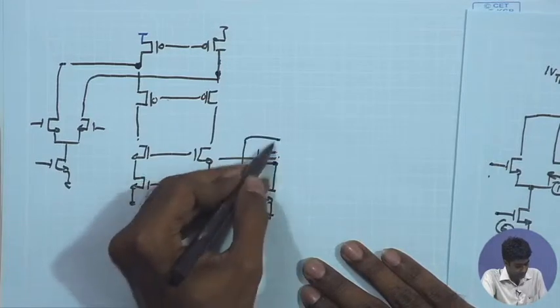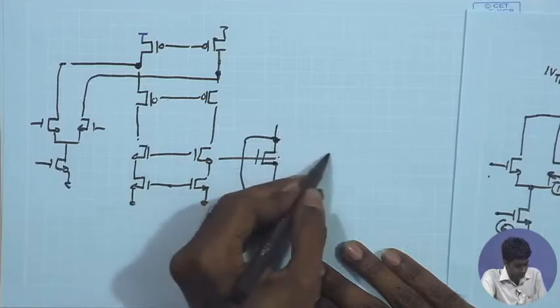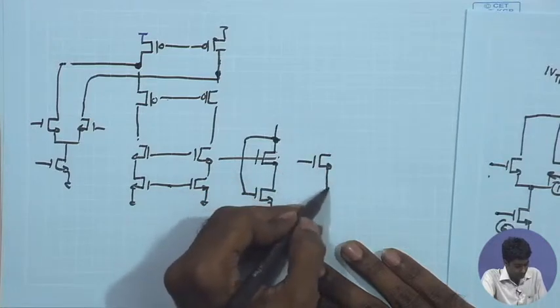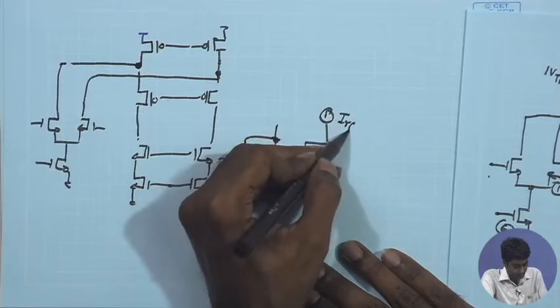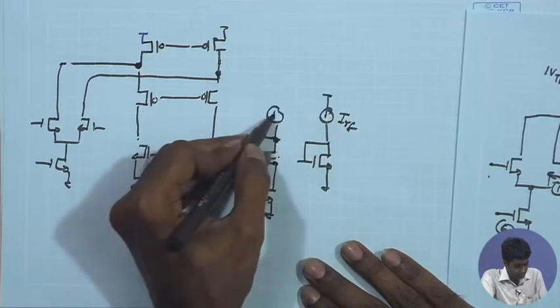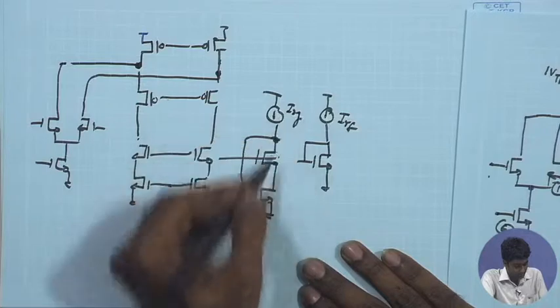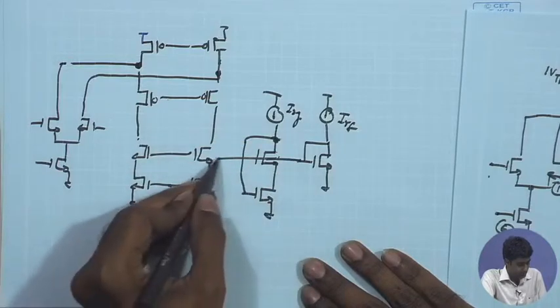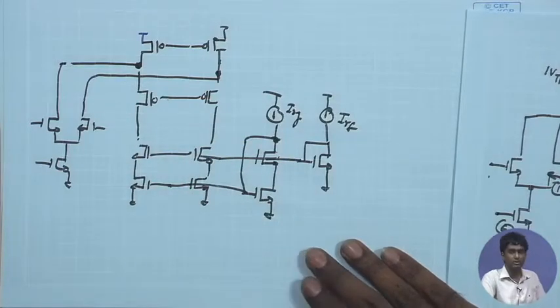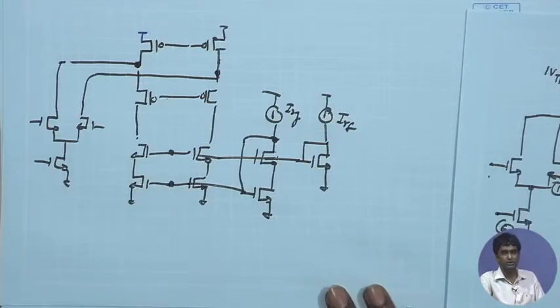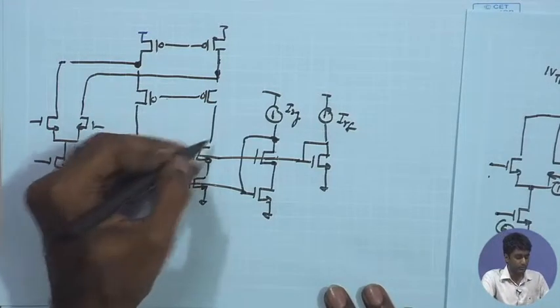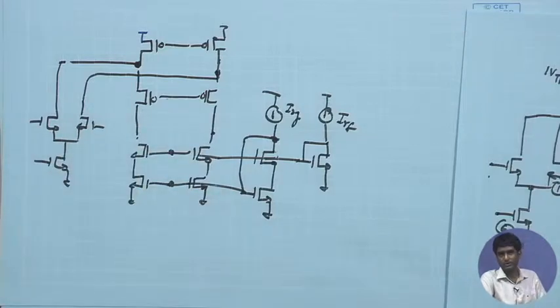I can go ahead and have the reference branch being injected with the IREF, the same current coming here with the help of a mirror, and I am producing the gate voltages for these two PMOS. So I can set these two to the required values, and therefore I am going to get minimum allowed potential over here. So the minimum lower side is serving the purpose.